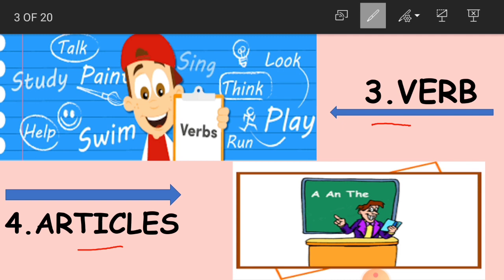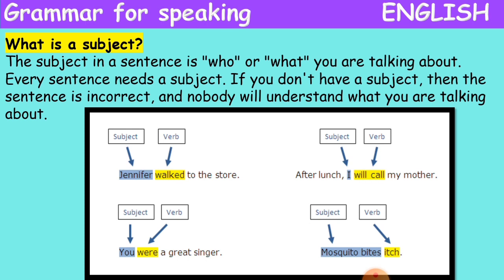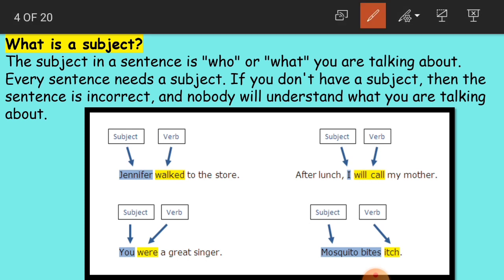Other than these, other grammatical words are not that necessary in the beginning stage. If you are a beginner and would like to improve your communication in English, first of all you have to remember these four basic grammar things. Now we'll go into detail.